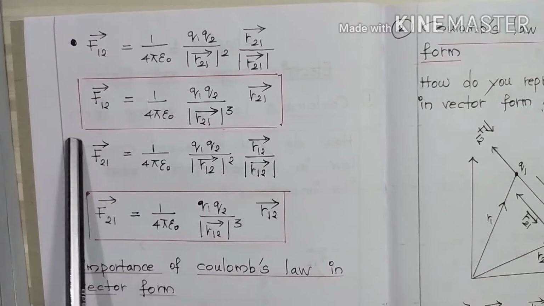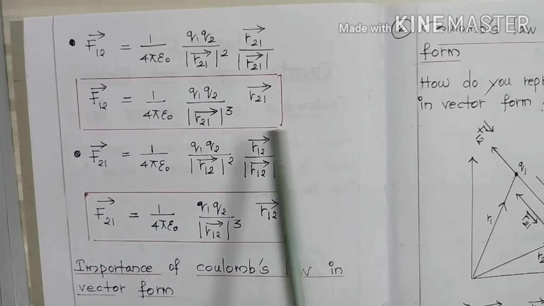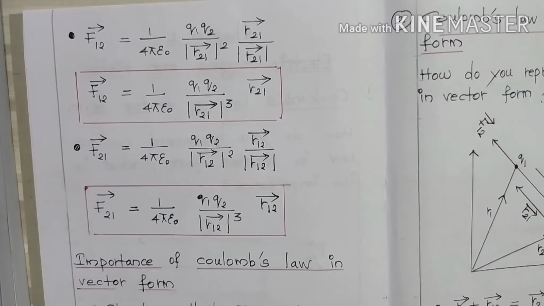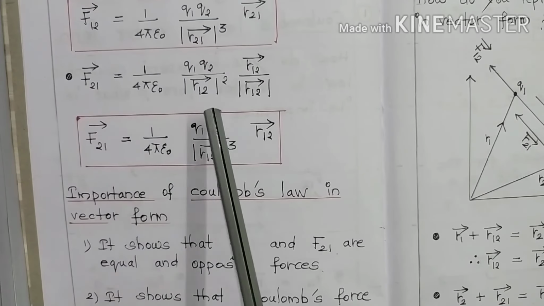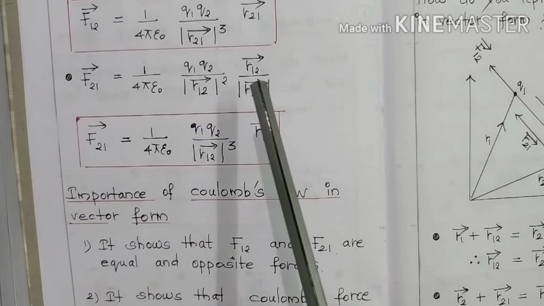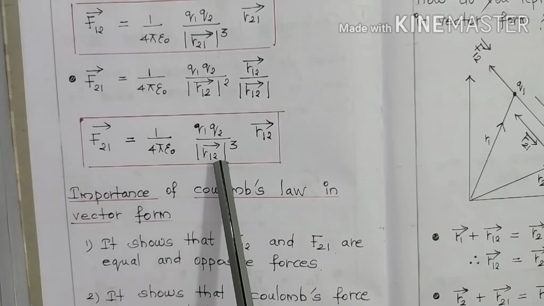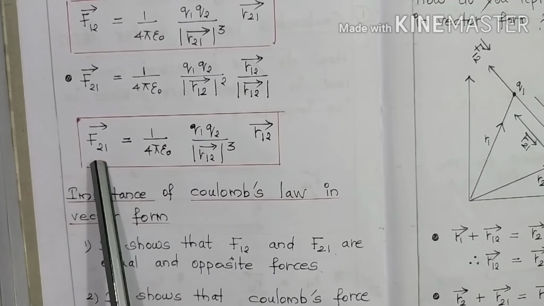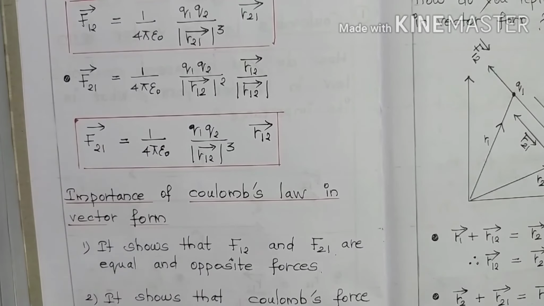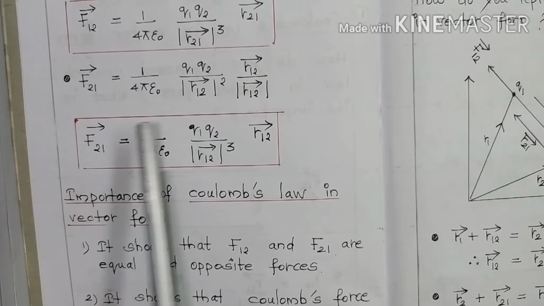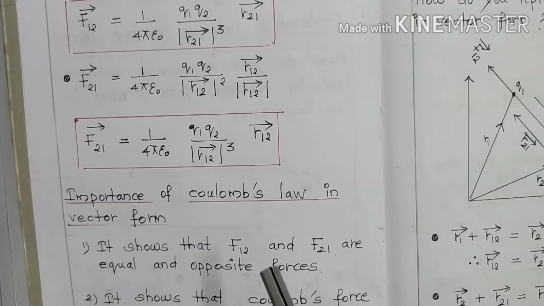So this is how we have to write the expression for F12 vector. Similarly for F21 vector also, here square term is there, here another term is there. So altogether we get cube. So this is how we need to write the expression for F21 vector. So this is the way we can represent Coulomb's law in vector form.